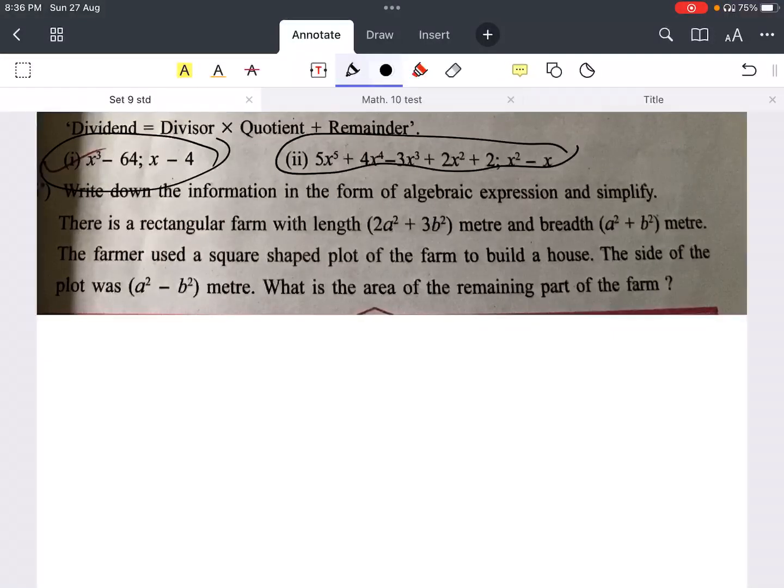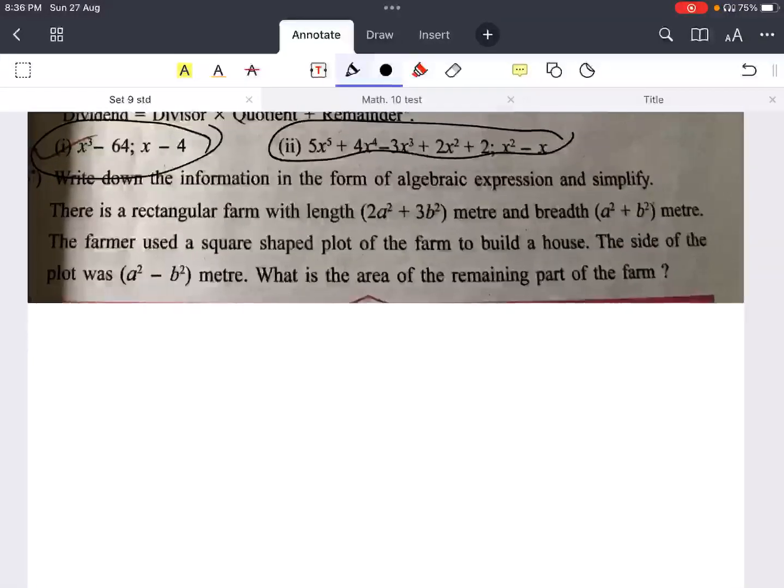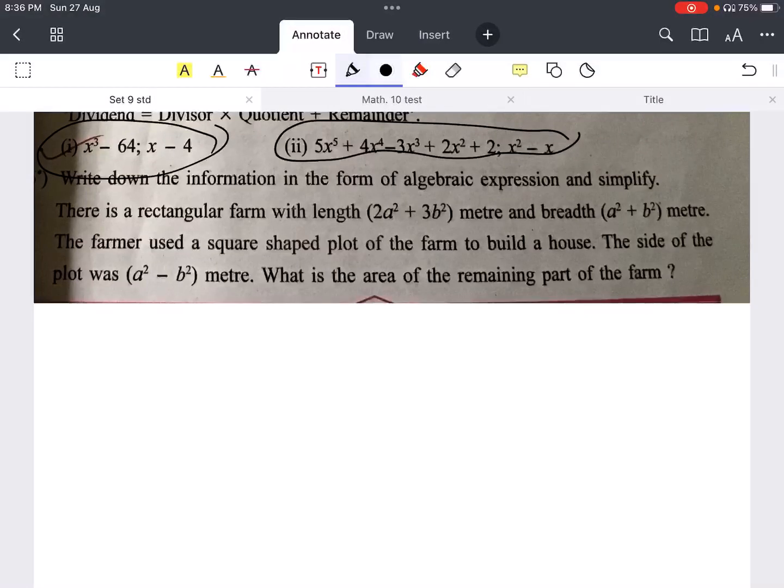I already told you, while solving this type of example, we always have to follow the pattern. What is our target, what we have, and by which term we have to multiply the equation to achieve our target. So first of all, write down in this format.